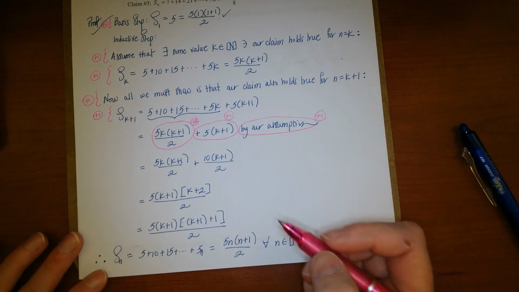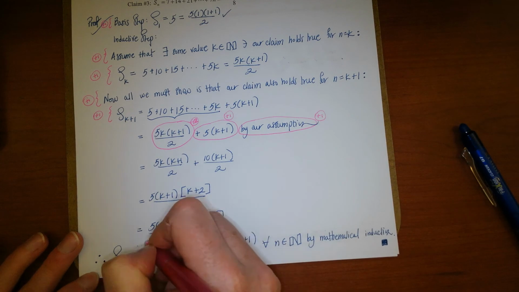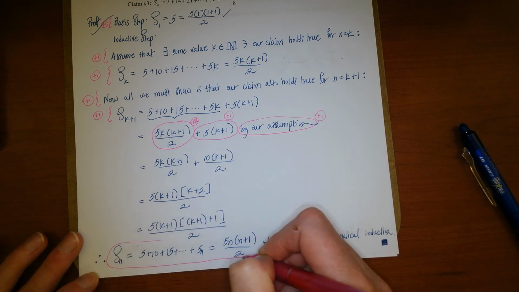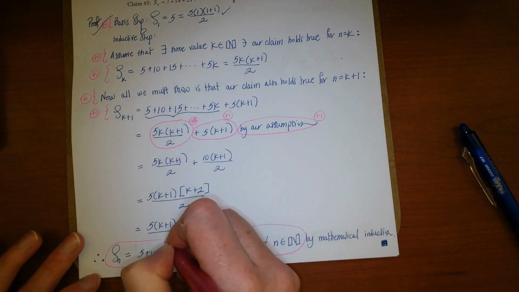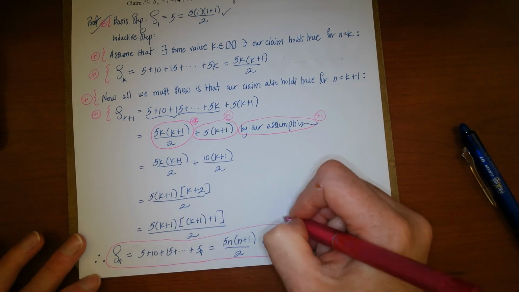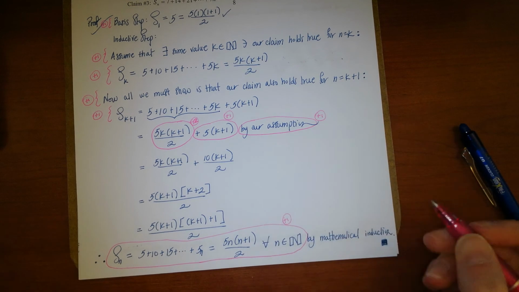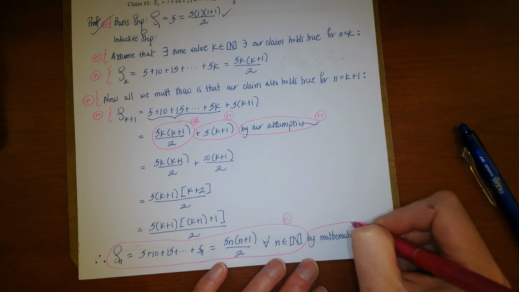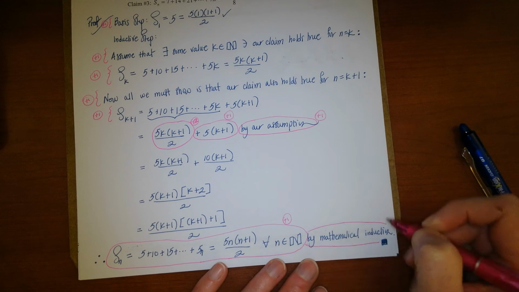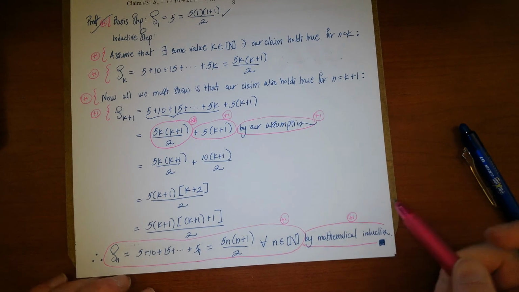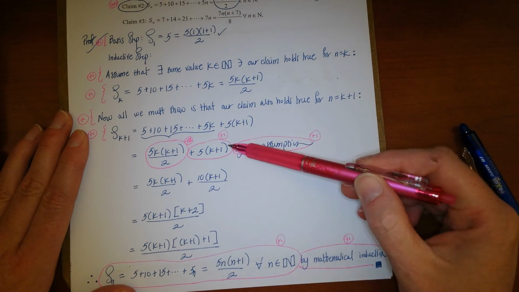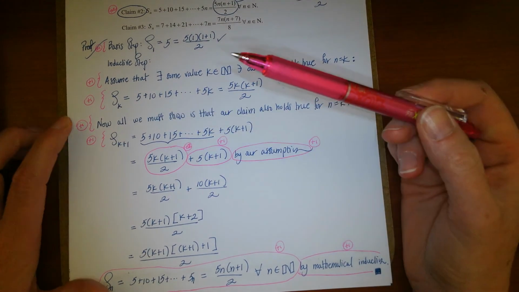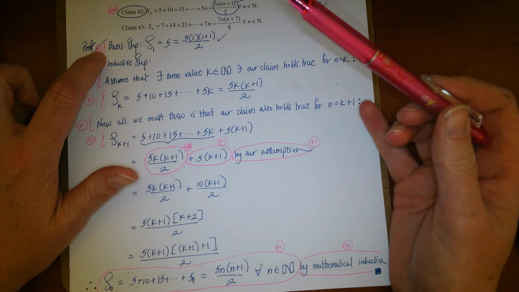Let's see, points. 1 point for writing this using all the symbols correctly, exactly as I have it written here, same order, all that. 1 point, and then 1 point for the "by mathematical induction" there. There we go, and let's make sure that adds up to 15. 1, 2, 3, 4, 5, 6, 7, 8, 9, 10, 11.